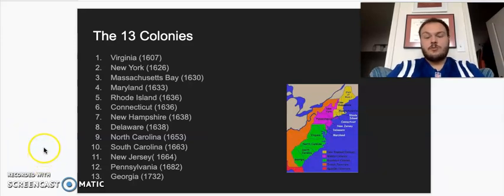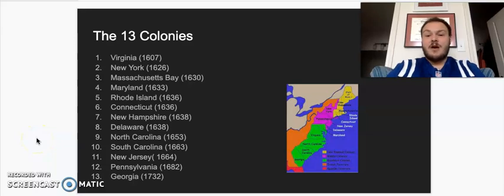These 13 colonies would become the first 13 states and were very famous because they actually were the ones who declared their independence from Great Britain, because Great Britain was ruling over all of these colonies. And we'll get into more of that when we're talking about the Revolutionary War.